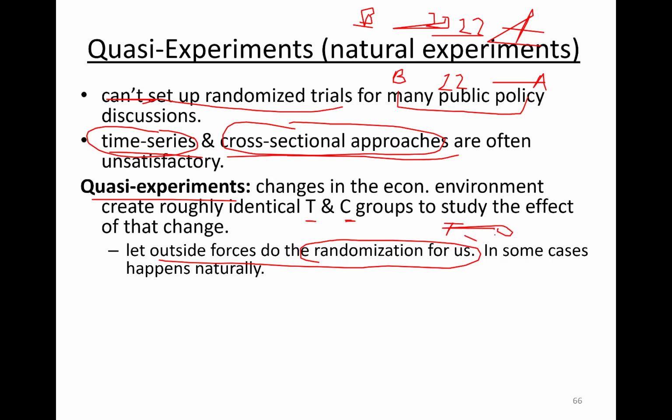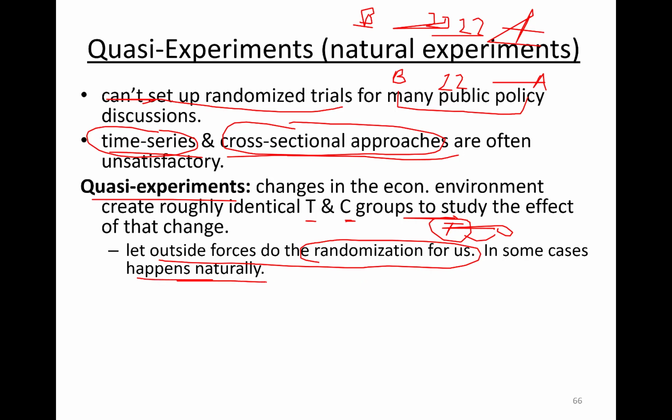These are neighboring states in the United States of America. So if two states have similar policies, Texas randomly changes, okay? So then you have a treatment group, Texas, the state where the policy change happened, versus a control group, the state that didn't have a policy change. So outside factors are doing the randomization for us.